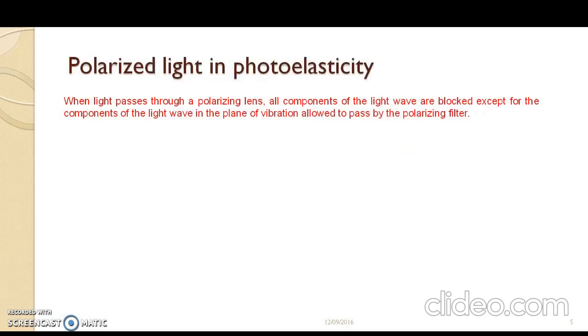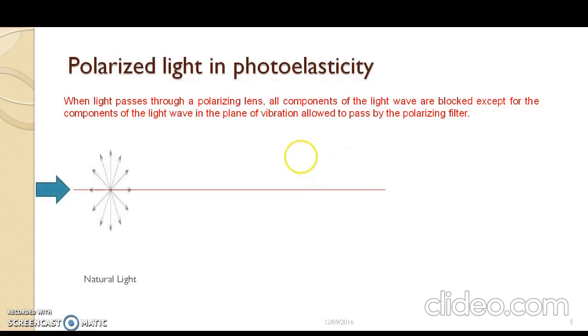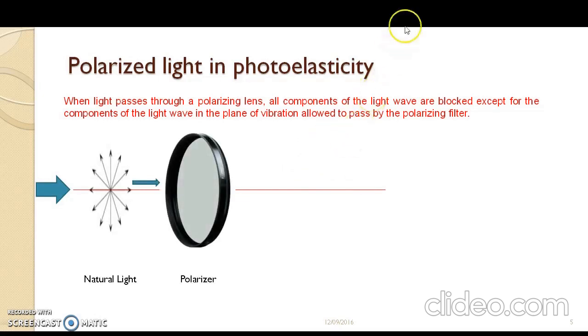Now, polarized light is light which passes through the polarizing lens, and all the components of the light have been blocked except the single plane of propagation, which the polarizing filter passes. As you can see here, the light source is where the light passes inside the polarizer, which cuts off the other light and passes the light with a single plane of propagation.